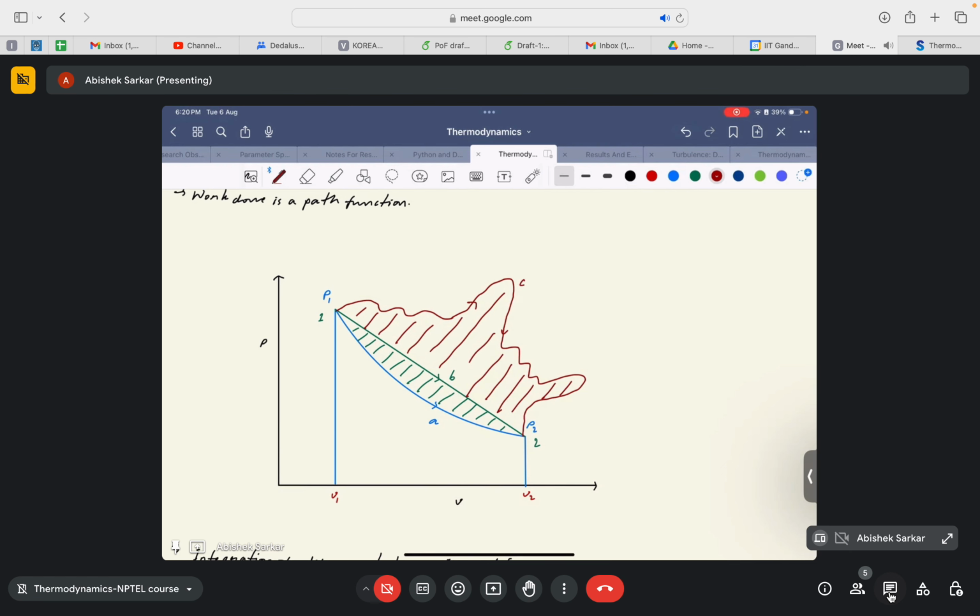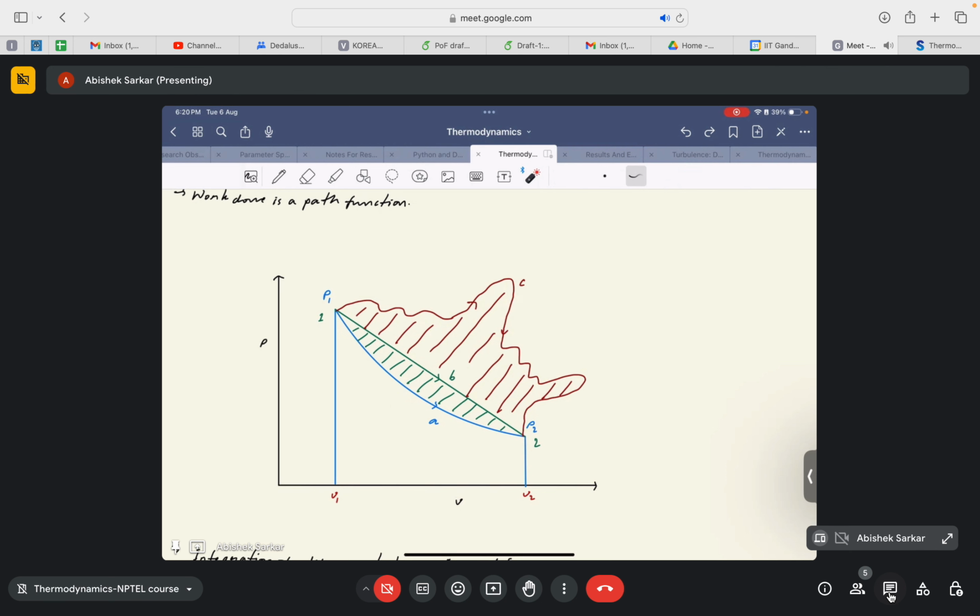the first process used to achieve the change from point 1 to point 2 is through path A, the second process is through path B and the third process is through path C. You can clearly see that the area under the PV curve changes when the path used to achieve the process changes.